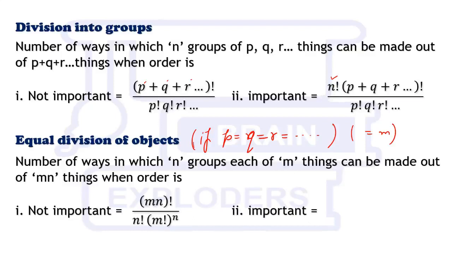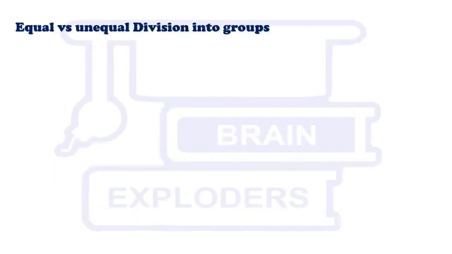If we substitute p equal to m, q equal to m, and so on, we will get (mn) factorial over m factorial raised to the power n. But we see that there is an extra n factorial needed in the denominator, and similarly when the order is important, this n factorial is absent in the formula. Why it is so, we will discuss.